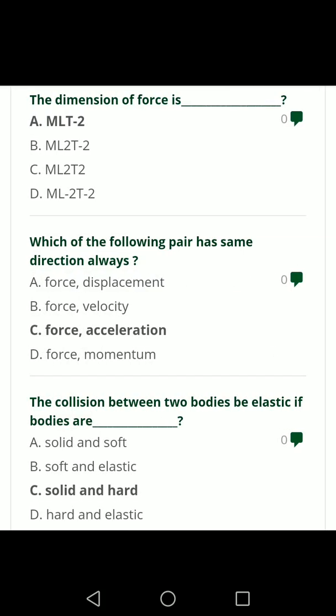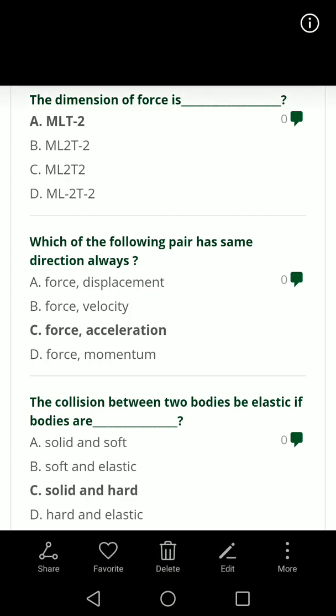The dimension of force is M L T to the power minus 2. Which of the following pair has same direction always? Force and acceleration.